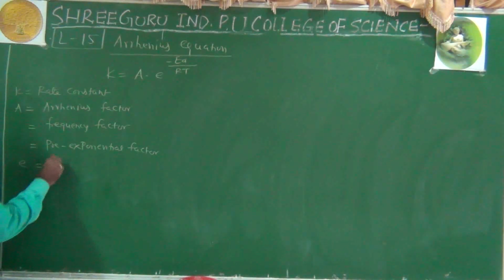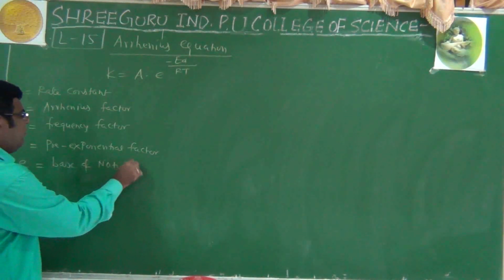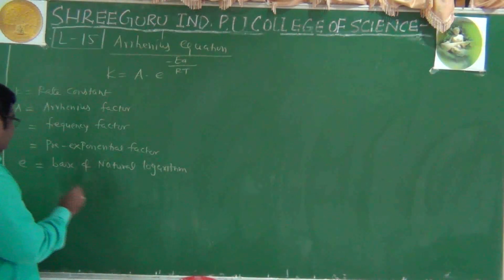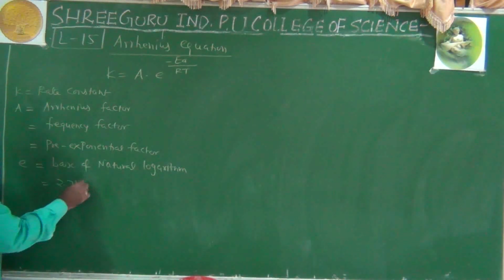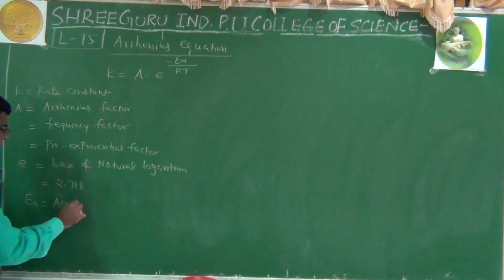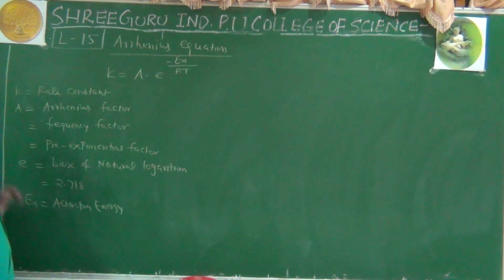What is this e? It is the base of natural logarithm, and its value is 2.718. What is Ea? Ea is activation energy.